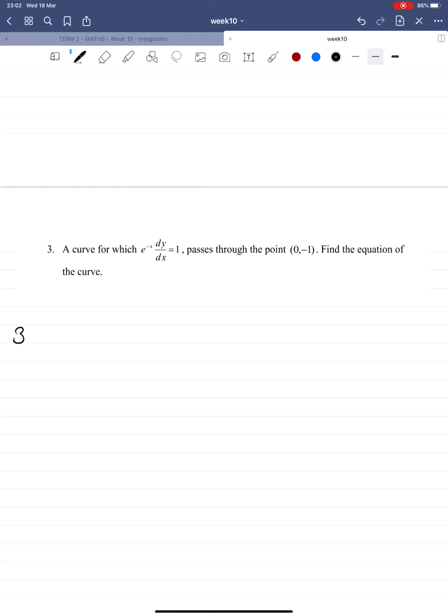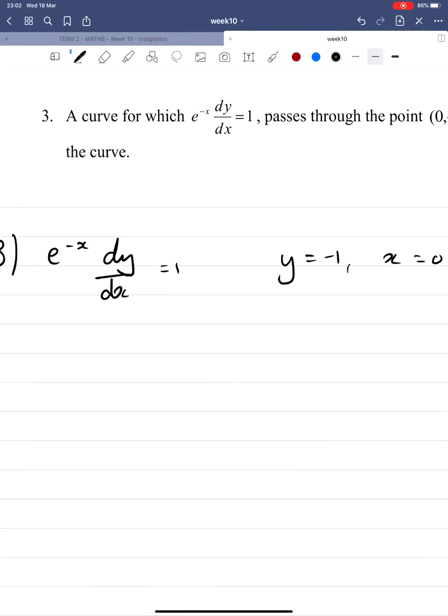3. We have, so find the curve for which e to the minus x dy by dx is equal to 1 and passes through y is equal to minus 1, x is equal to 0. Okay. Same as before. Everything with x on the same side that has dx on the top, everything with y on the same side that has dy on the top.